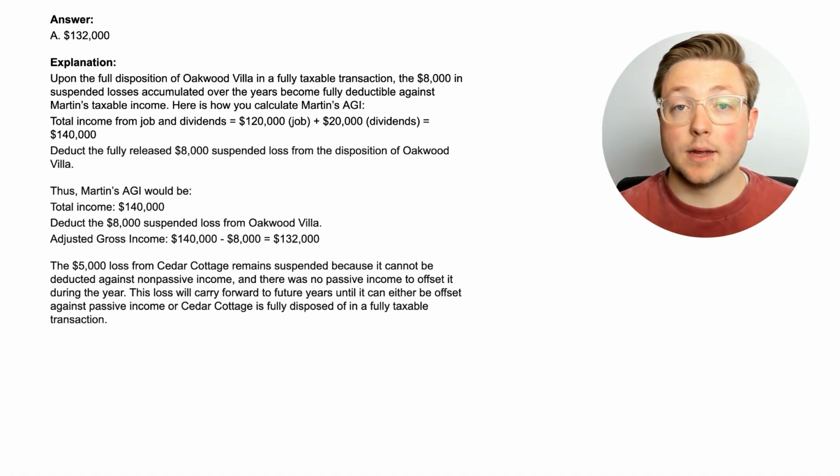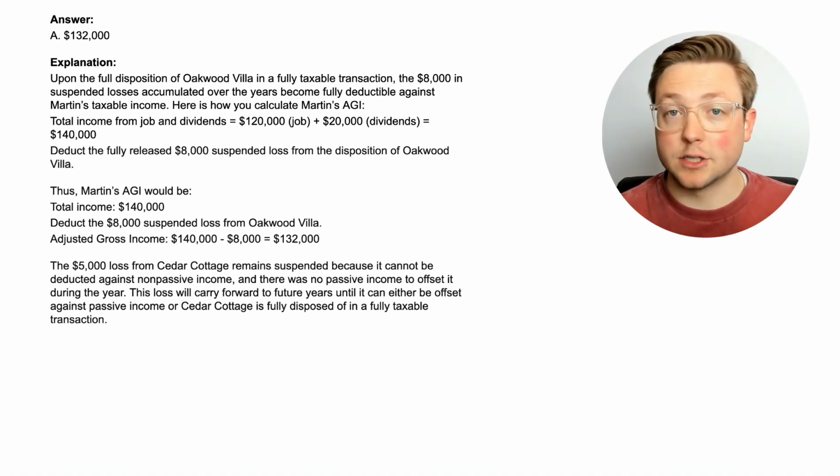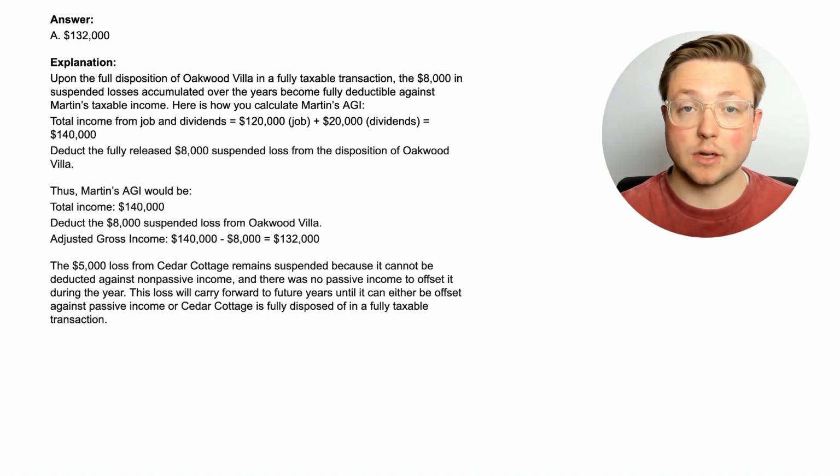But when an activity that has a suspended loss is fully disposed of, then the suspended loss becomes deductible in that year that it's disposed. So now that $8,000 that was suspended can actually be used against the adjusted gross income instead of just against passive income. So this is another situation where a passive activity loss can be used against ordinary income instead of just passive income. All right, we are learning a lot, so let's go ahead and go to the next question to build on that.